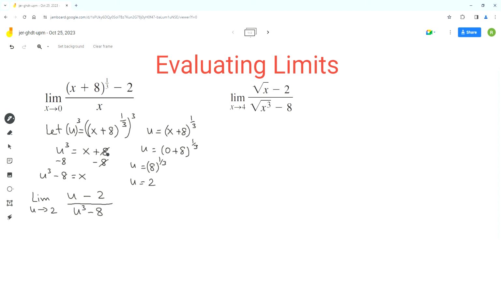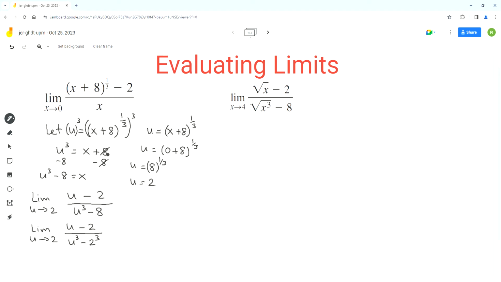So we'll have to rationalize the denominator expression, and for this we can use the difference of cubes factoring. So the first step is to change the denominator expression. So limit u approaches 2, u minus 2 over u cube minus 2 cube.